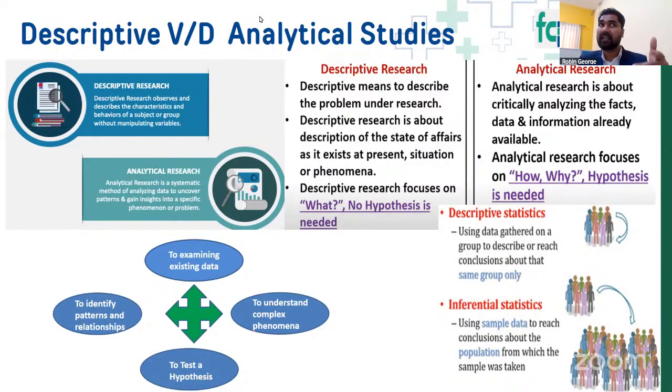Is there a relationship between obesity and hypertension? We try to understand such a complex phenomenon by testing hypotheses or by applying statistics. We try to resolve it or answer it. This is what is called analytical study designs. Hope you all understood the major difference between descriptive research and analytical research.